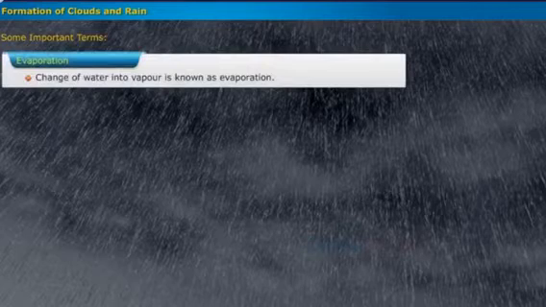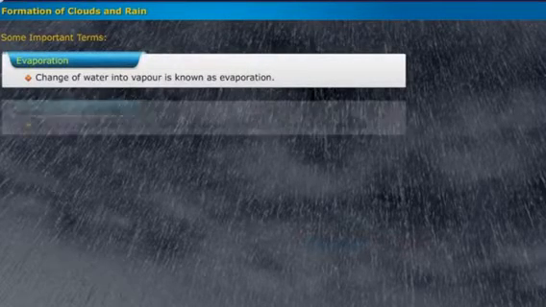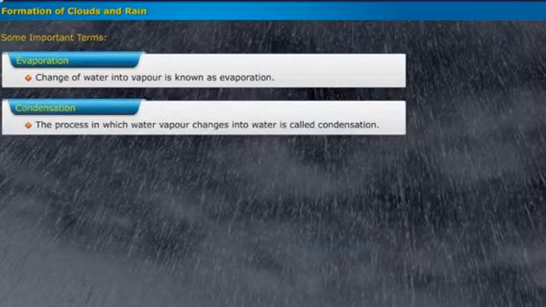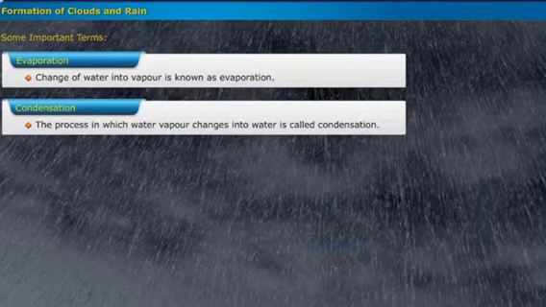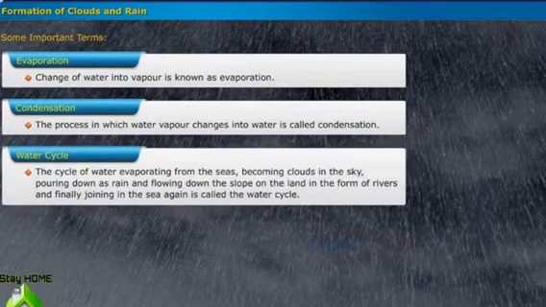Let us have a glance at some important terms. Evaporation. Change of water into vapor is known as evaporation. Condensation. The process in which water vapor changes into water is called condensation. Water cycle.